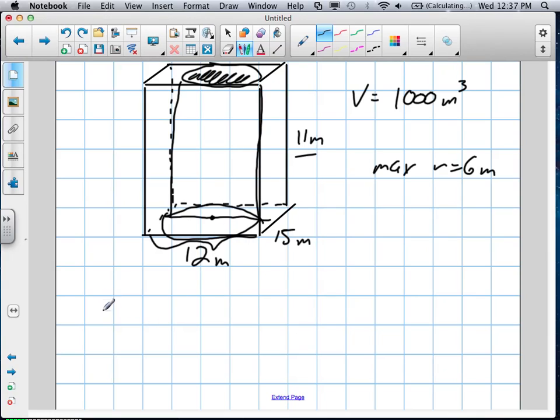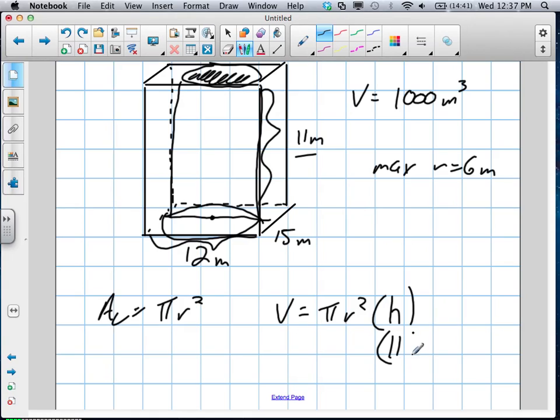Well, the area of a circle is equal to pi r squared, which means the volume of this cylinder is pi r squared, and then you just multiply by the height of the object to find the volume, times height. So we're going to find out what the max volume of this object is if we have a height of 11, which is our max height, and a large radius as possible of 6 times pi equals volume.